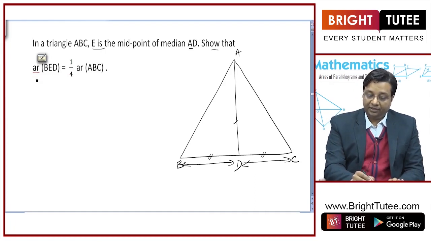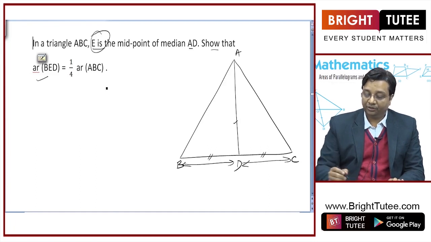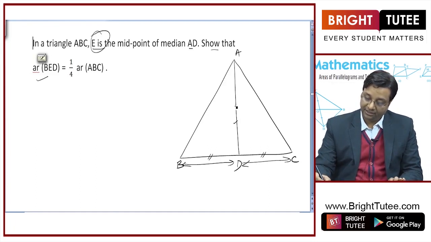Now E is the midpoint of median AD, so segment AE is equal to segment ED.